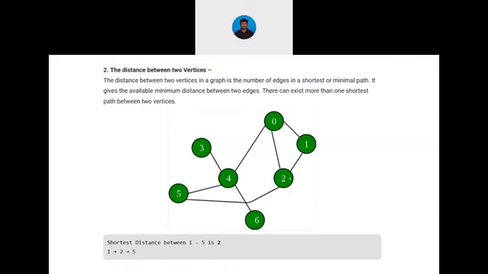So 1 to 2 is one distance, and 2 to 5 is another, and hence the shortest distance is 2. Another path may exist for reaching the vertex, but we still have to find the shortest distance. We have studied this in our previous classes. This is called the distance between two vertices.